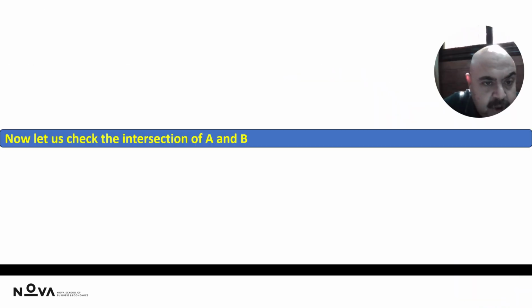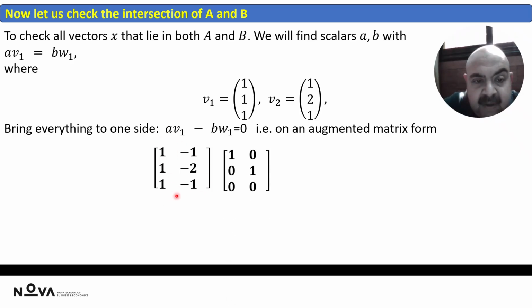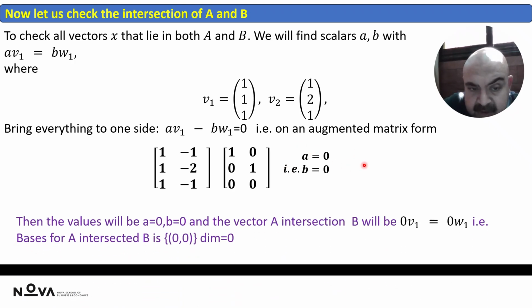For the intersection between them, we will do exactly the same. a times V1, which belongs to the first set, and b times W1, which belongs to the second set, are equal to each other, so I solve aV1 - bW1 = 0. I can simply solve this system, and I will end up with the trivial solution that a is equal to 0 and b is equal to 0, so the only intersection between them is the origin. And the dimension is 0.